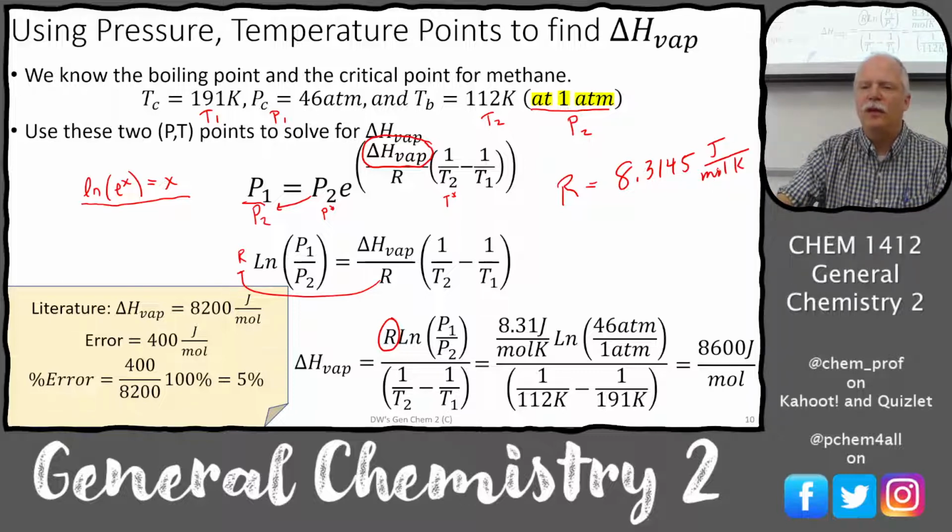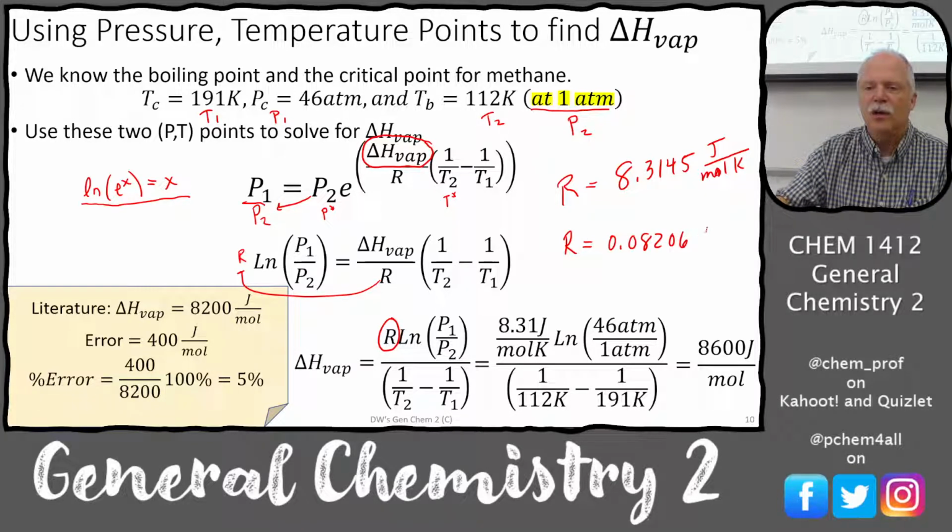And when we were doing the gas velocity part of the chapter, that turned out to be Boltzmann's constant times Avogadro's number. Okay. But when we were doing PV equals nRT, we wanted different units. And so for PV equals nRT, we were doing 0.08206 liters atmospheres per mole Kelvin. Okay.